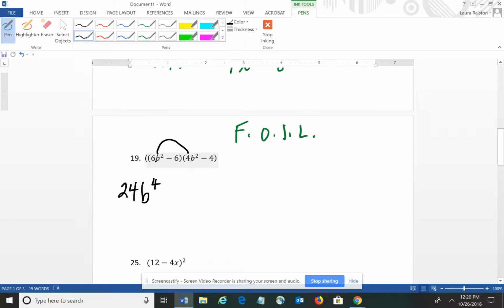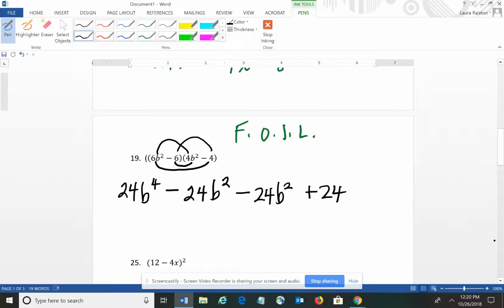Then we do the outside. 6b squared times minus 4 would be minus 24b squared. Inside, minus 6 times 4b squared is again negative 24b squared. And last, negative 6 times negative 4 gives me positive 24.